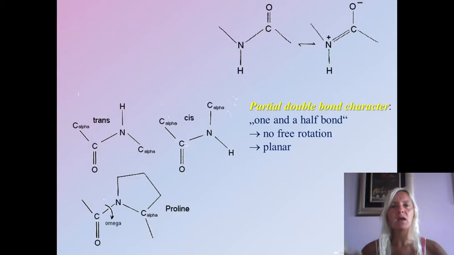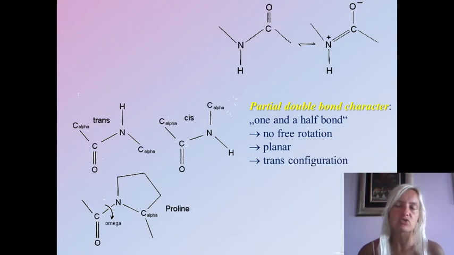But if each of them is positioned on its own side, it's energetically more favorable and you have peace in the house. So trans configuration actually predominates in the structure of the peptide bond.